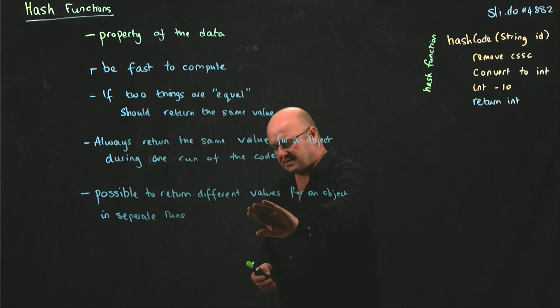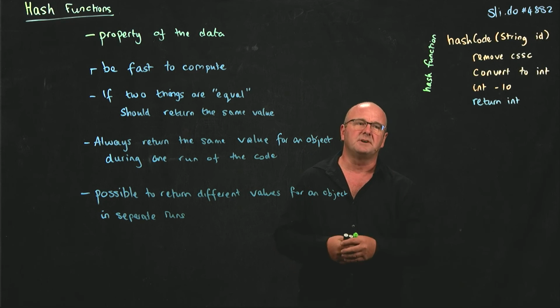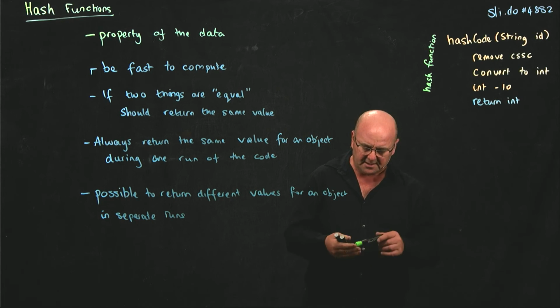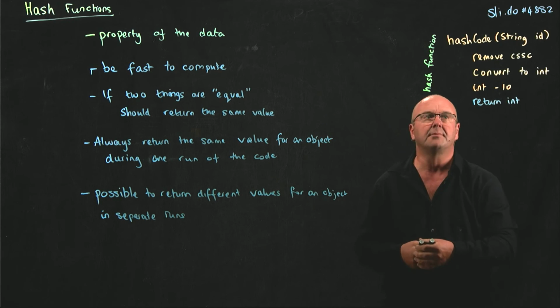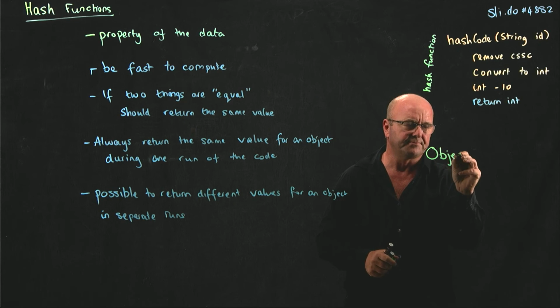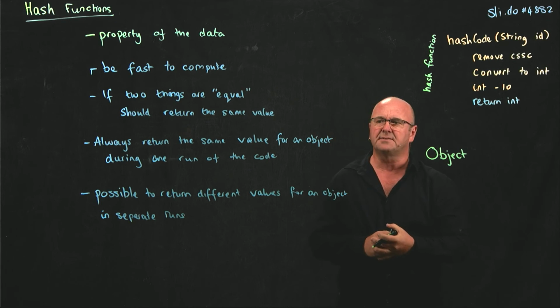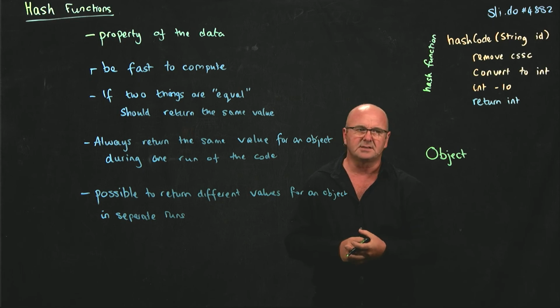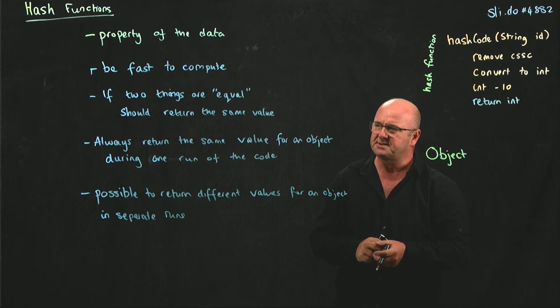But the reason that this is true harks back to some of our earlier lessons. So remember, we were talking about objects. And the object class has a few methods that we need to overwrite. Do you remember what those methods are?